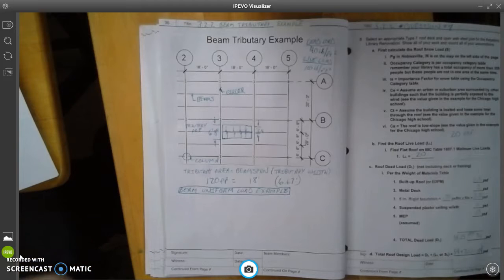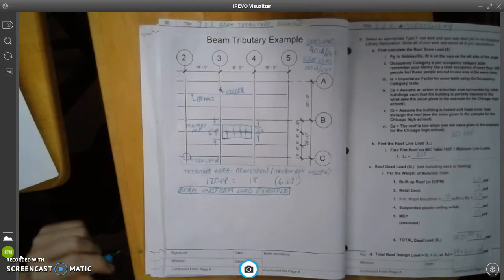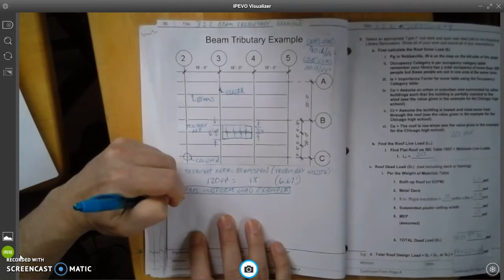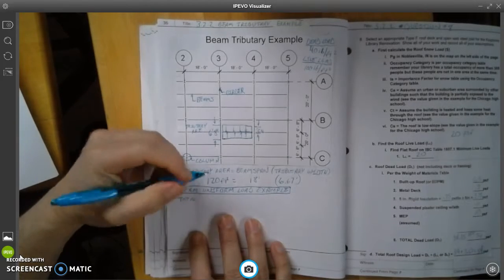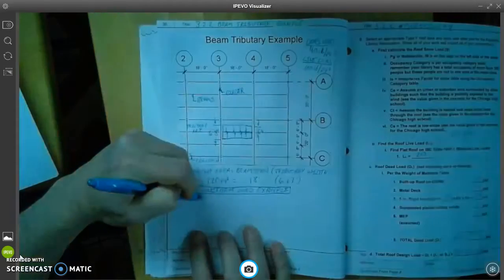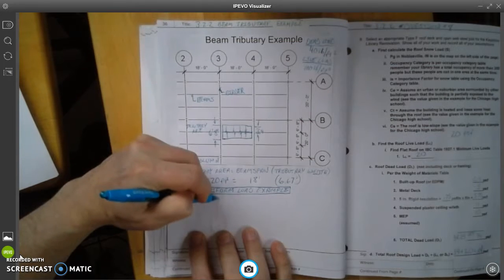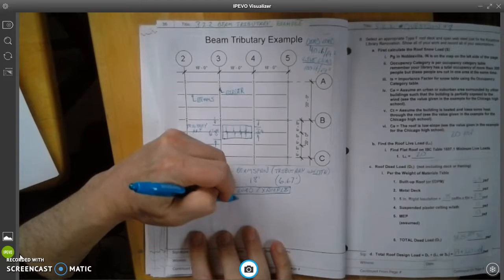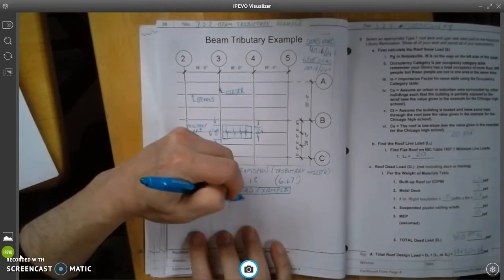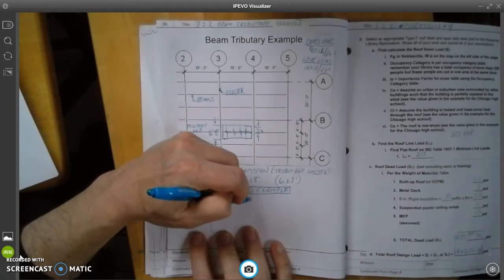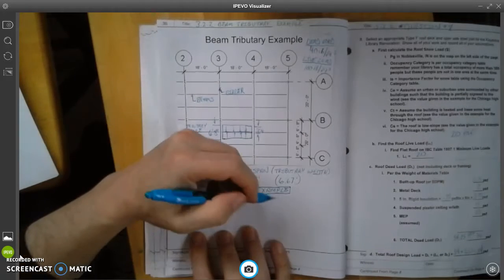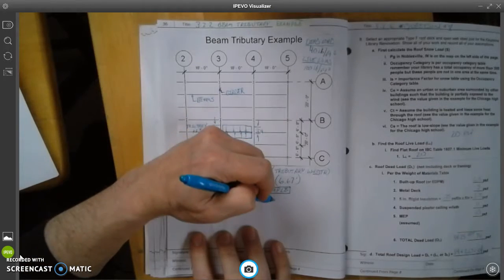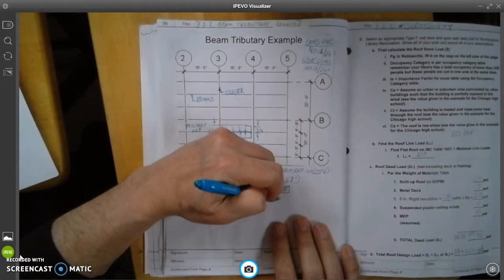Now, what we're going to do is calculate our total floor load first. So I'm just going to write total floor load is equal to the dead load plus the live load.